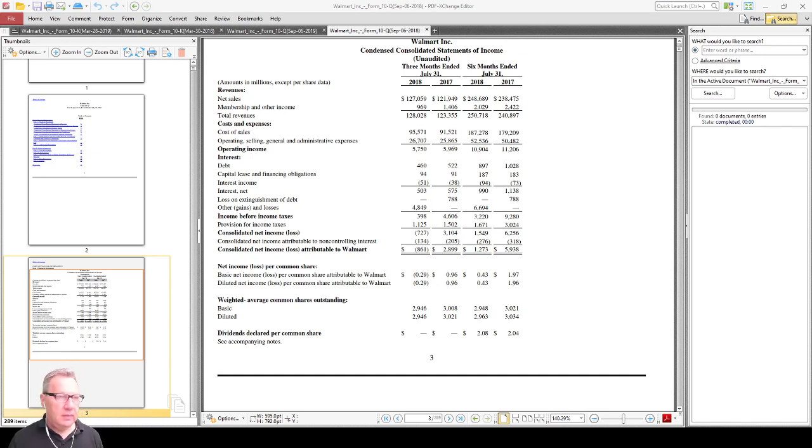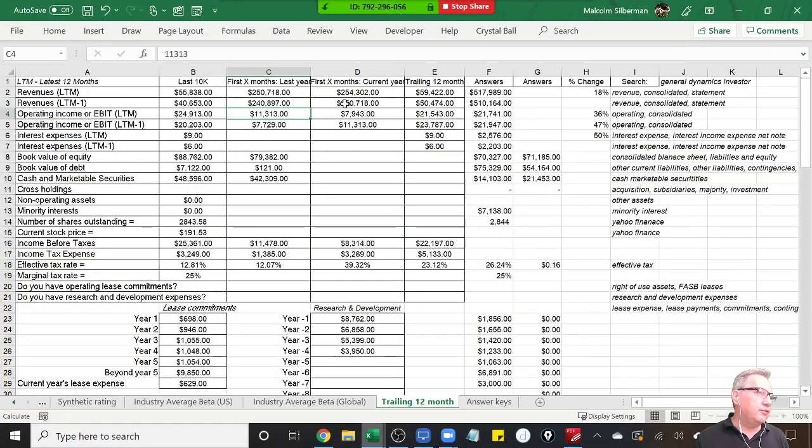Okay? So you'll notice that if we go back to the sheet, see how this 250,717, it's the same number, for obvious reasons. Because when they reported, this is the first 6 months of this year. This was the first 6 months of last year.